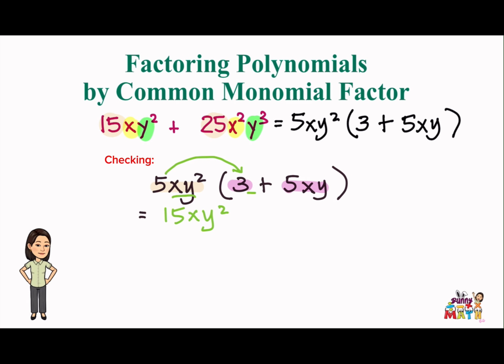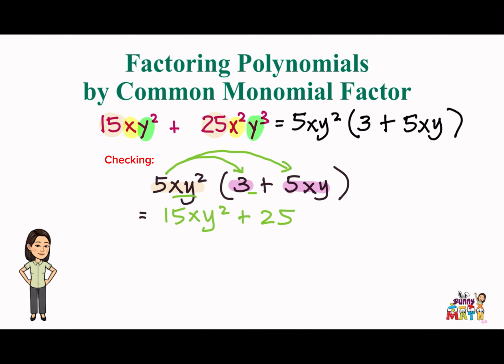Now, next is to multiply it to the second term. We have 5 times 5, that gives us 25, multiplied by x times x, that gives us x squared. In multiplying variables, we add the exponents. 1 plus 1, that gives us 2.